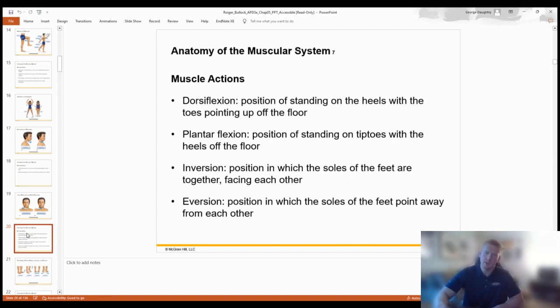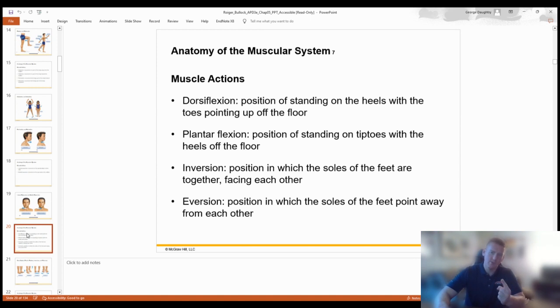All right, now let's talk about the ankle. The ankle has specific terms. If the ankle were to flex or extend, we don't just call it flexion or extension. We have specific terms for it: dorsiflexion and plantar flexion. How do we know the difference between the two? Dorsi refers to the top of the foot, and plantar refers to the bottom of the foot.